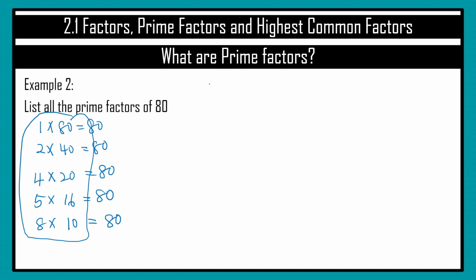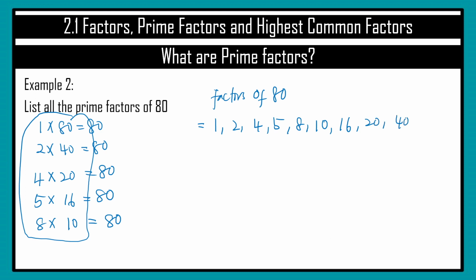Let me list them out first. The factors of 80 are 1, 2, 4, 5, 8, 10, 16, 20, 40, and 80.